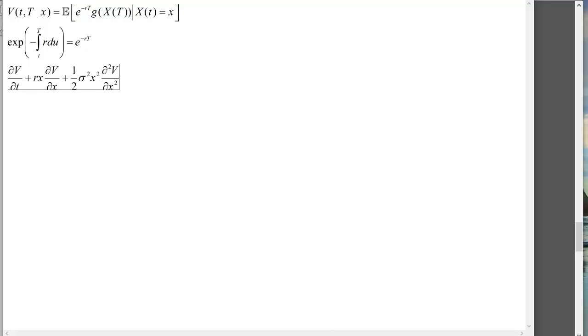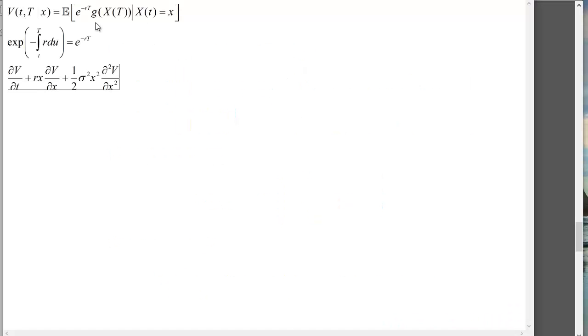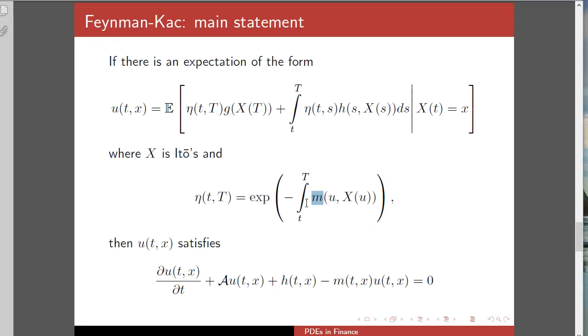and then, like I said, in our case, h is equal to 0 because we don't have this integral there in the expectation. So h is set to 0, so we have nothing in here, and then we just add negative. Instead of m, we have r here because we have the e to the negative integral here. So there we have r instead of m. I'm just using a general variable here, but in most cases you will have r here.